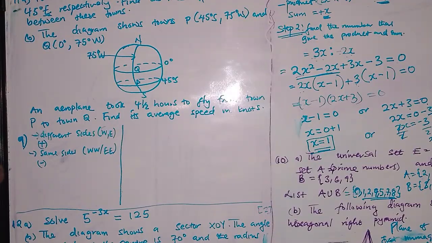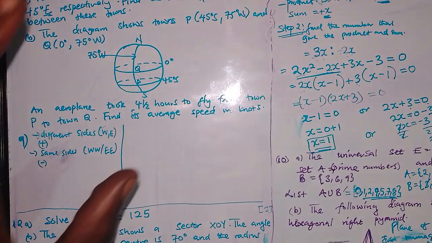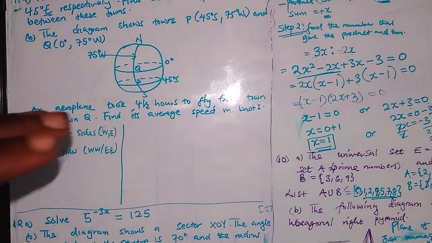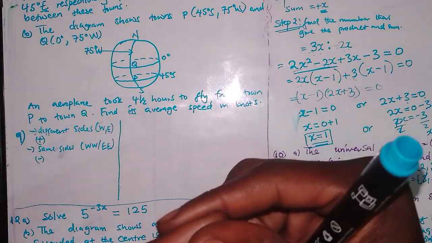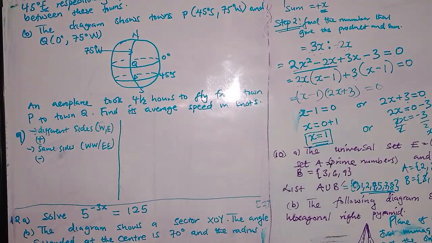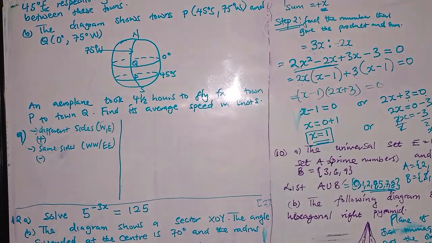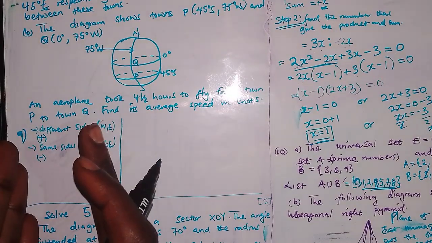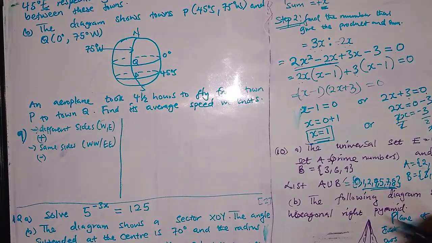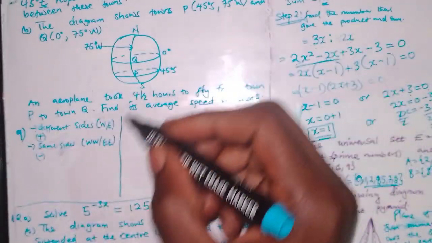So now going back to our question, the question is asking for the time difference. For us to find the time difference, we have to find first the difference in longitude. That's where this rule applies. Since we have 75 degrees west and 45 degrees east, they are different sides.